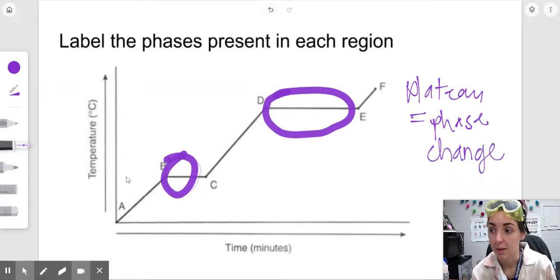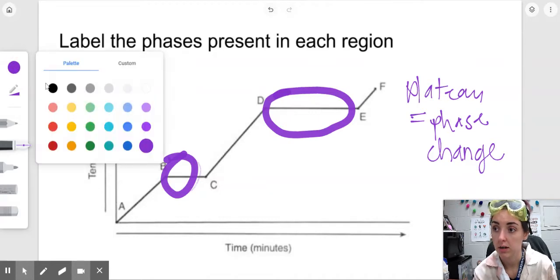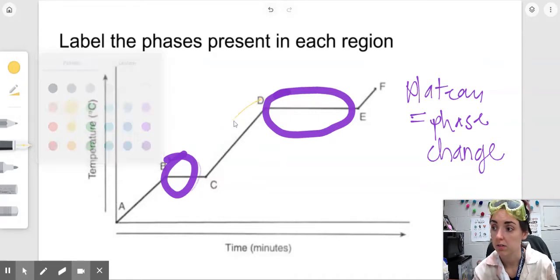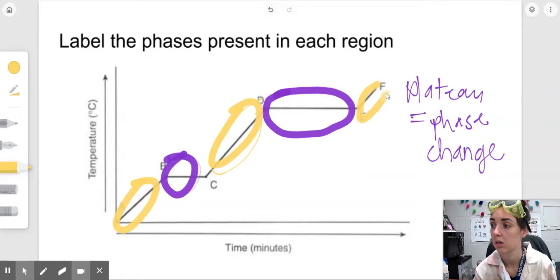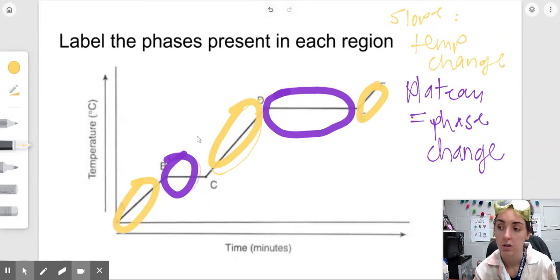Now, that means the slopes are a little different. So the slopes, do a little highlight here of those. So a slope is a temperature change. And you can tell that because temperature's on the y, so the temperature is obviously changing on the slope.